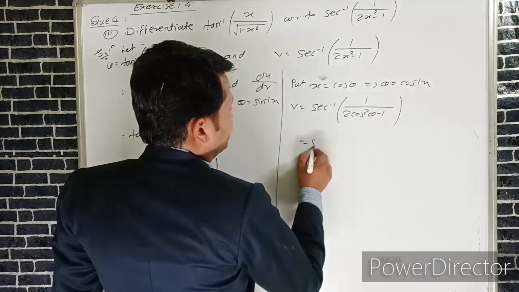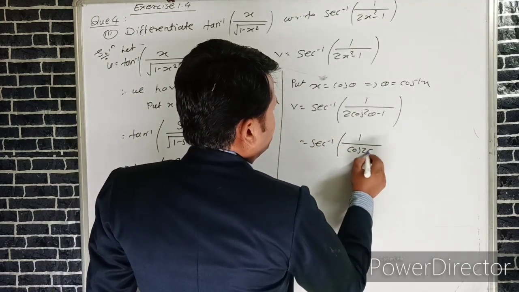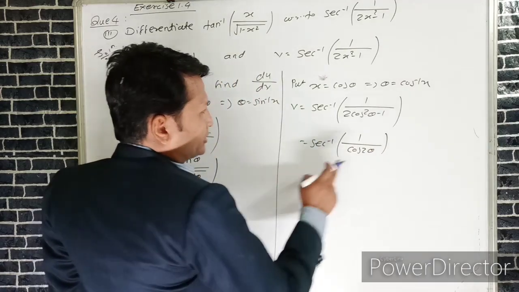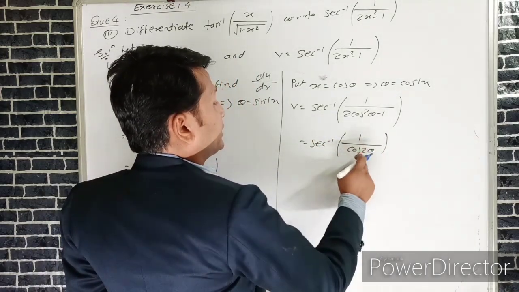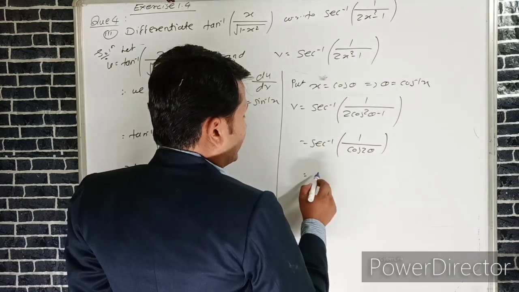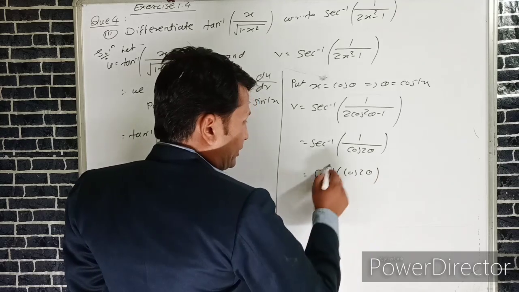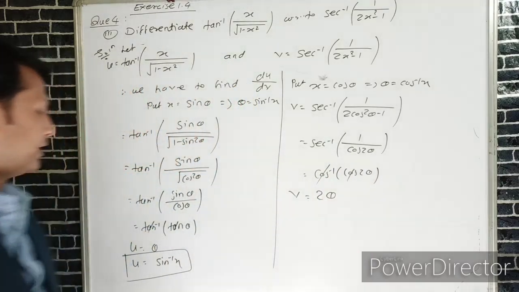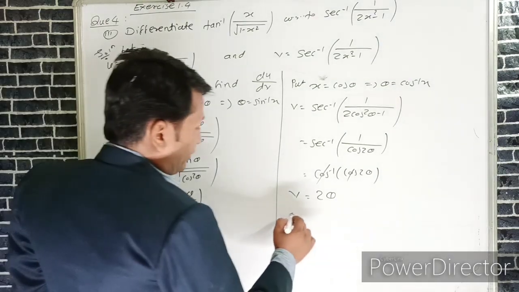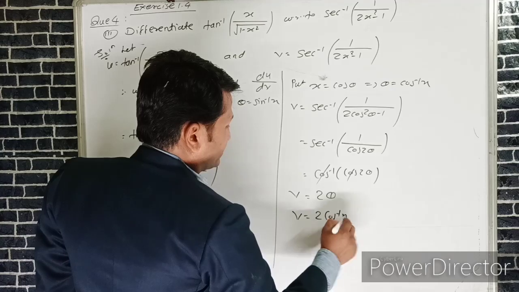We know that 2 cos square theta minus 1 is cos 2 theta. 1 upon cos means sec, so we can write it as cos inverse of cos 2 theta. Here cos inverse and cos cancel. The value of v is 2 theta. Again we can write v is equal to 2 into cos inverse of x.